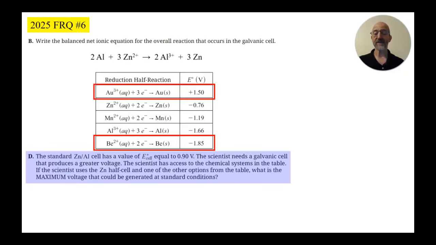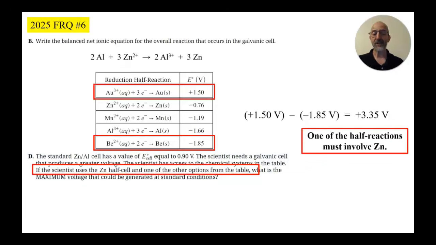I might also pick this one, which is beryllium, but of course I have to reverse it because you can't have 2 reductions. So I did 1.5 plus the reversed of the other one, and I got 3.35. I'm feeling pretty proud of myself until I realized I didn't read the question carefully. So what I did was I just tried to find the maximum voltage, but it said specifically if the scientist uses the zinc half cell and one other of the options from the table, what is the maximum voltage that could be generated? So my mistake is that I didn't use zinc at all.